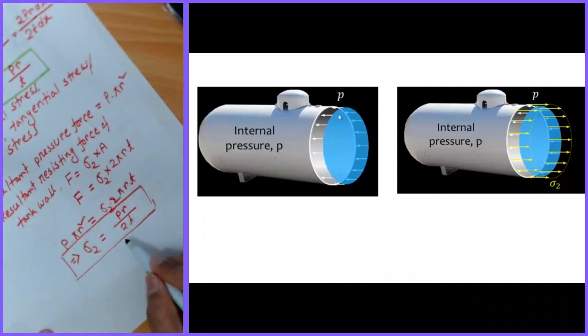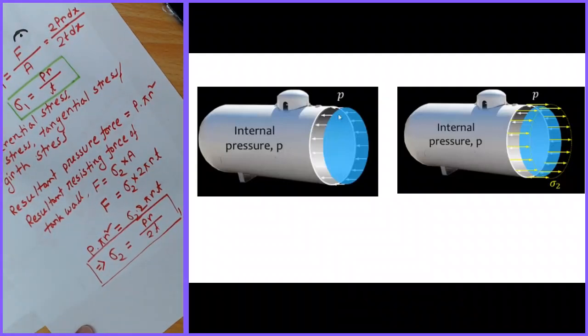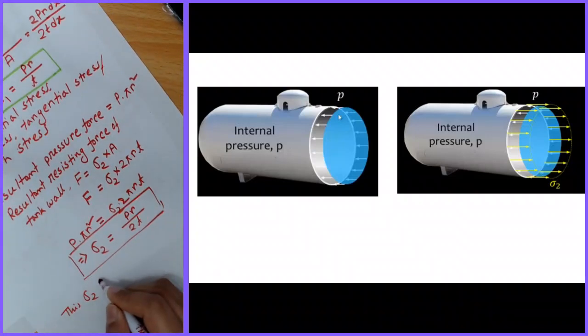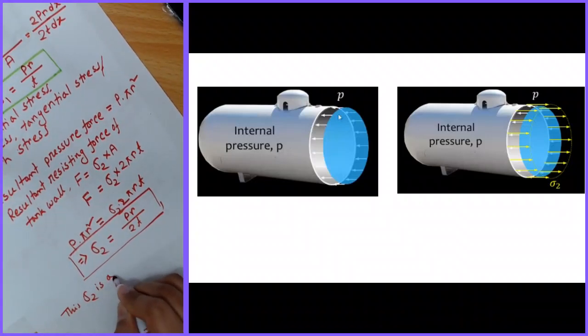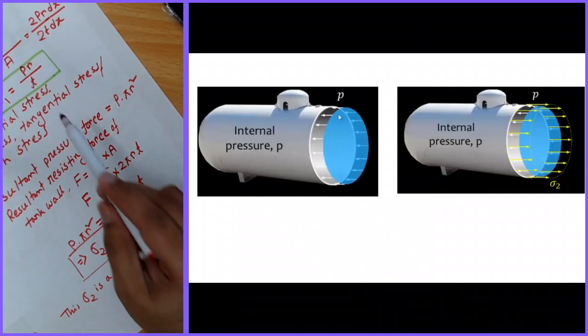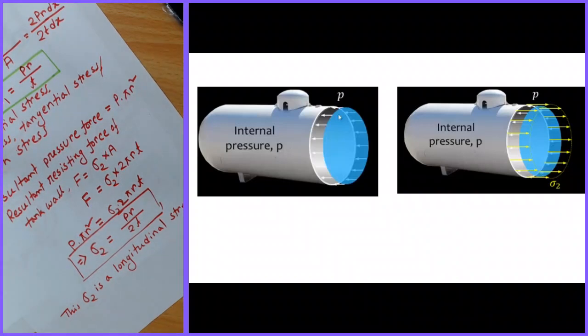This sigma 2 is a longitudinal stress, and sigma 1 is hoop stress or circumferential stress or tangential stress.